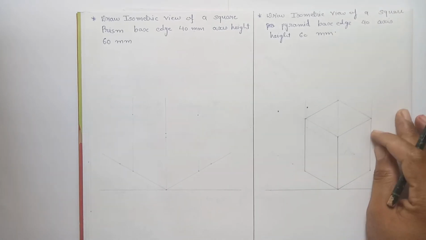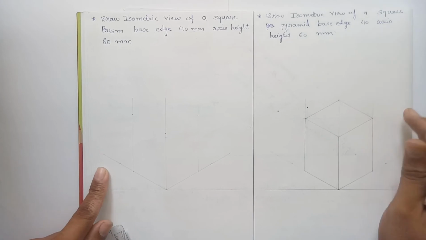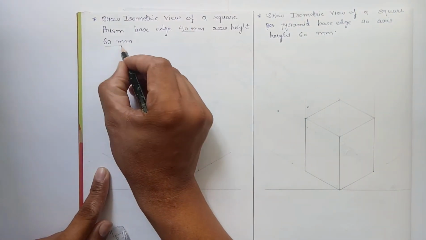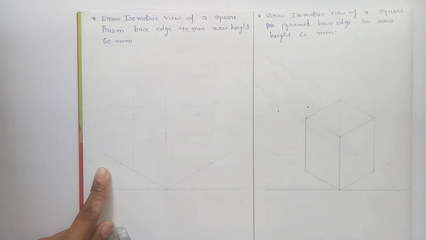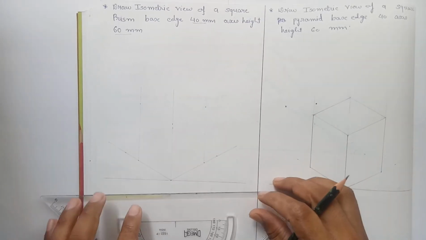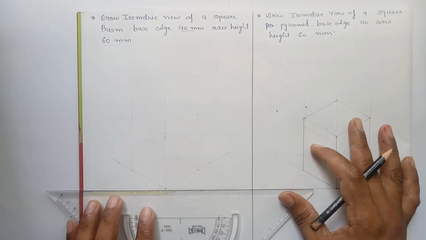So we are going to draw the isometric view, that means we are going to use the actual dimensions of the given object, not isometric dimensions. Now first of all, draw a baseline.